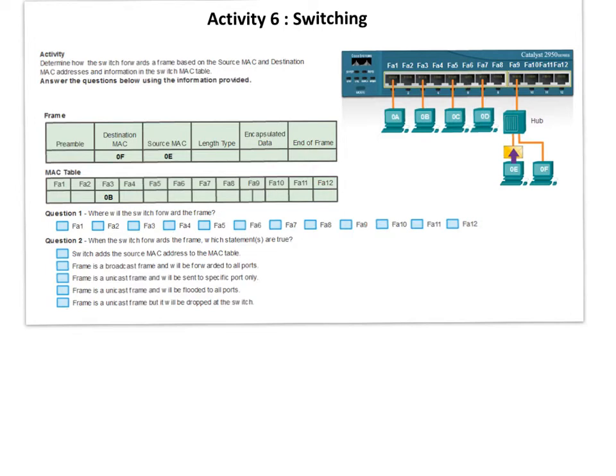So for store and forward, the switch actually stores the entire frame, and then it makes sure that this frame is correct by checking the frame check sequence, which is the last field in the frame, before it actually forwards the frame. Okay, so it stores the entire frame, makes sure that everything is correct, and then it sends the entire frame on the port.